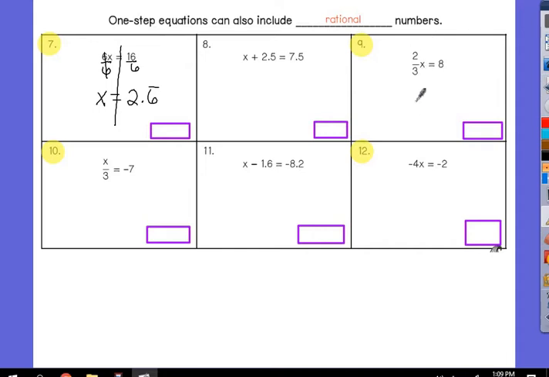Now, number 9 is what you need to take away from me for next year in Algebra 1. Most teachers have you doing the long fractiony way to solve this. I don't like the long fractiony way. It's pointless.